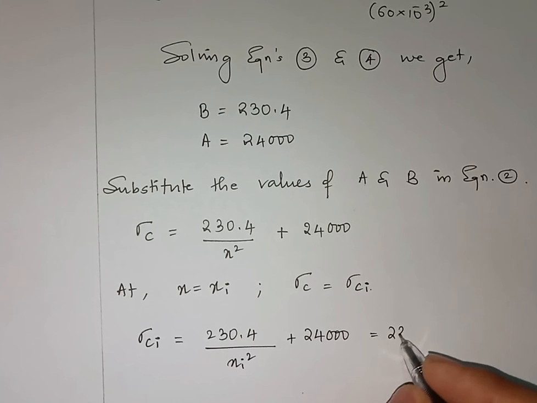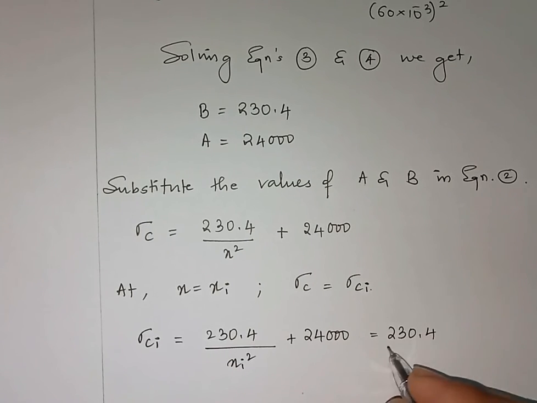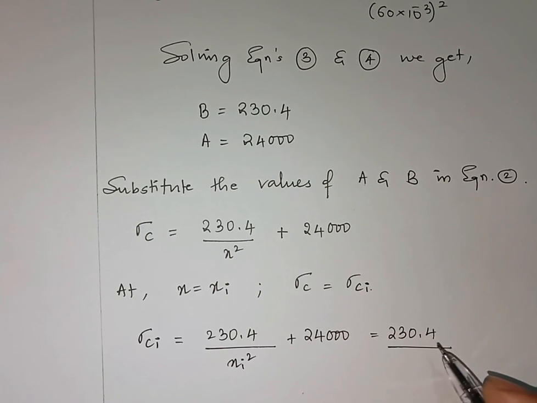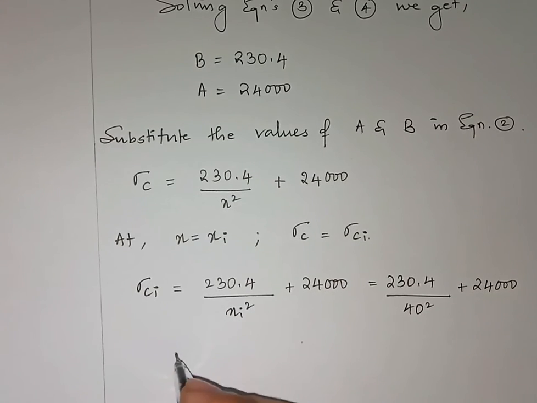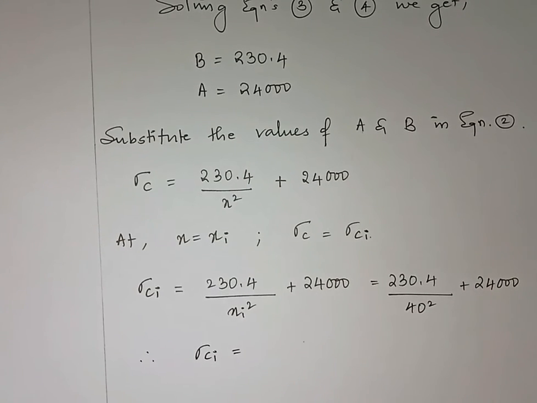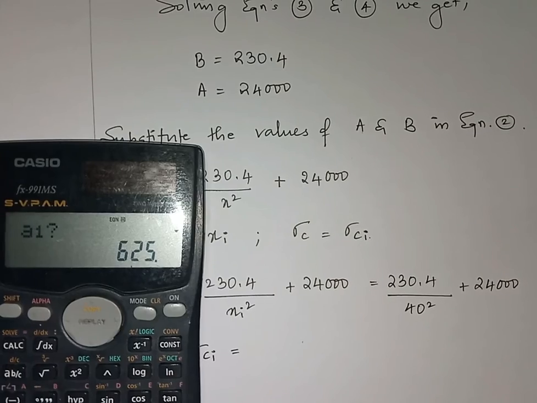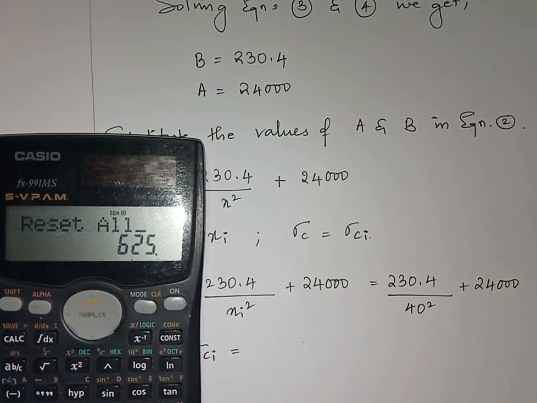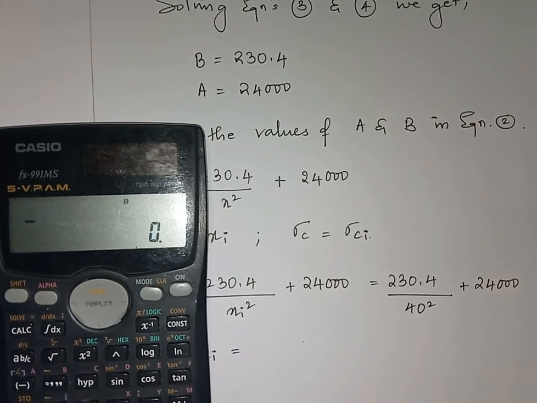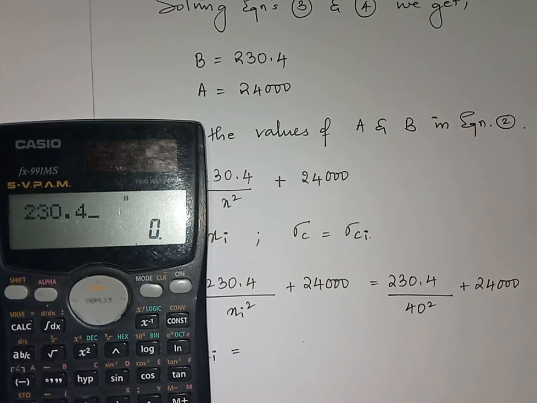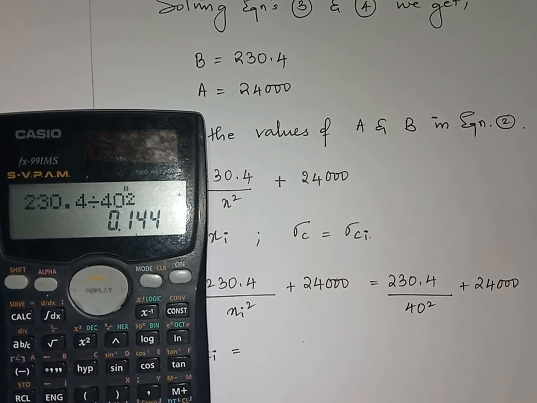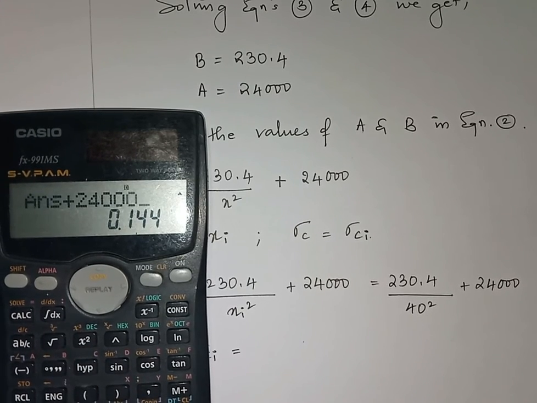The value of xi is 40, so it is 40 square plus 24,000. So just check what the value of Ci will be. It is 230.4 divided by 40 square plus 24,000.